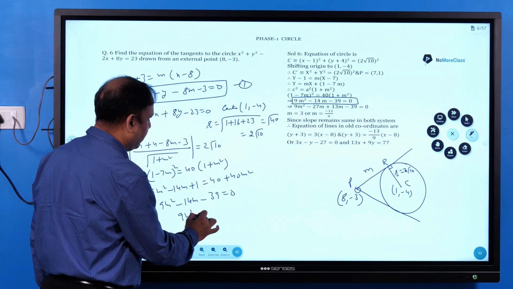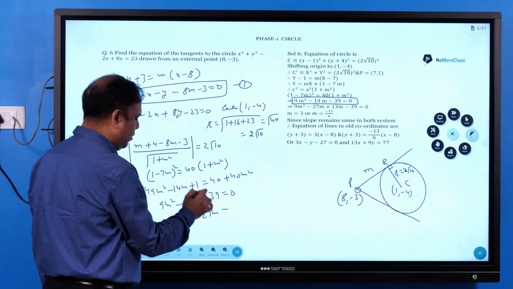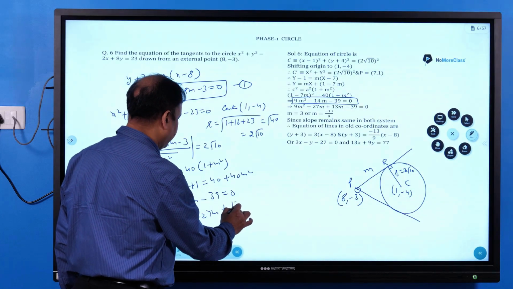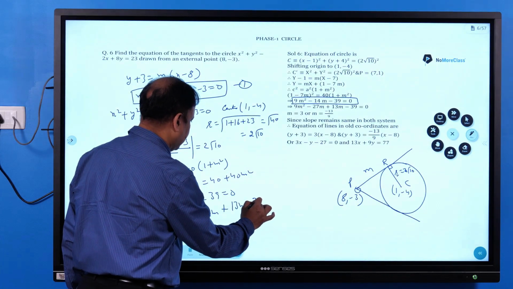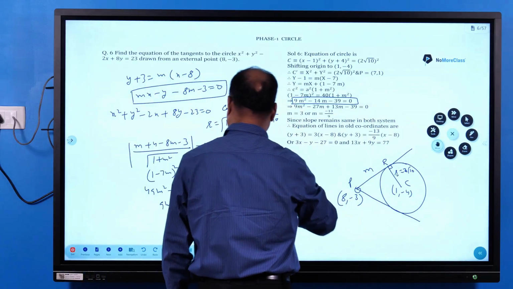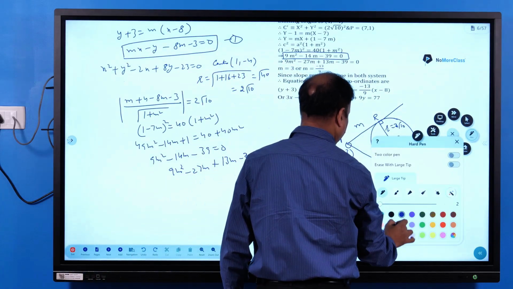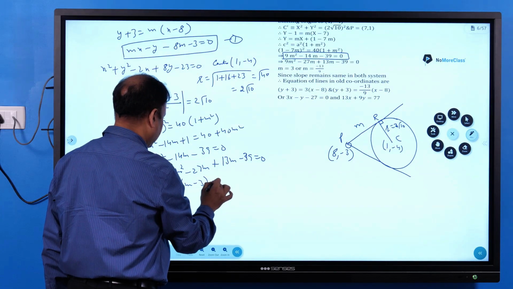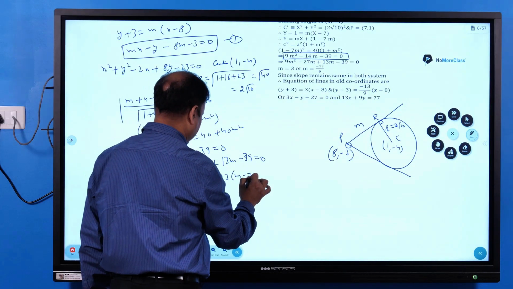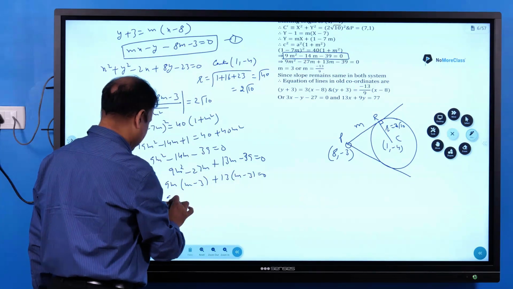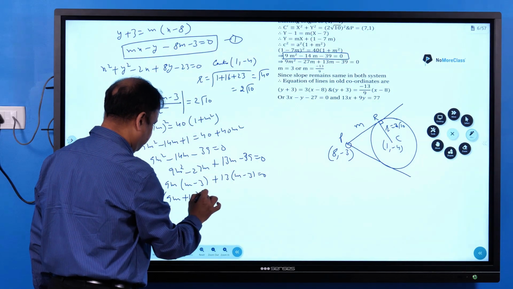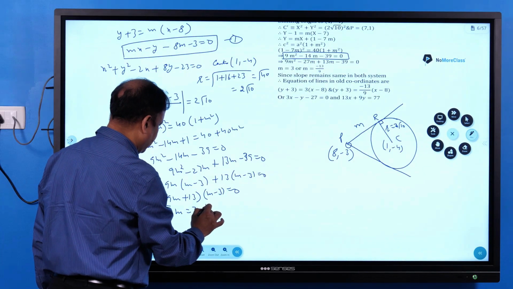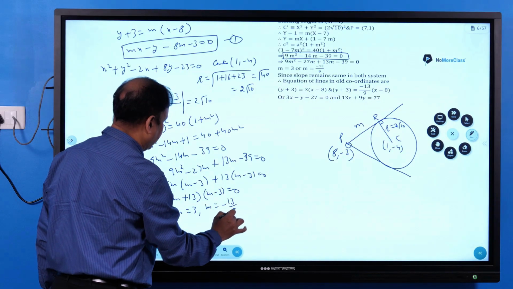You can use the direct formula also, or split as 9m² - 27m + 13m - 39 = 0. Now solve it. 9m(m - 3) + 13(m - 3) = 0. So you will get (9m + 13)(m - 3) = 0, so m = 3 or m = -13/9.